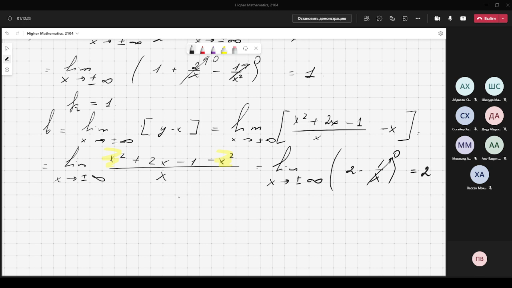Or finally, b is 2. Therefore, the straight line y is kx plus b, that is 1x plus 2, or just x plus 2, is an inclined asymptote to the given curve.